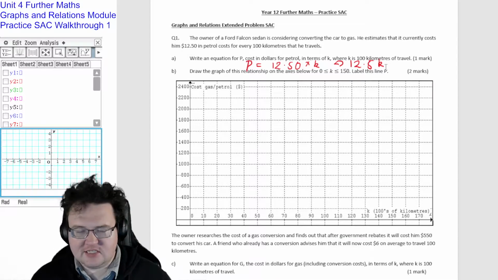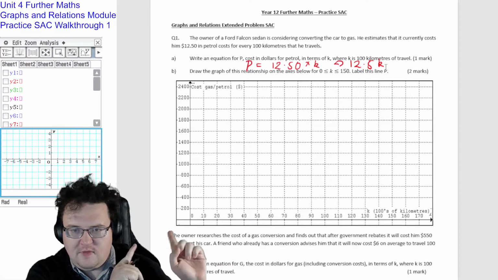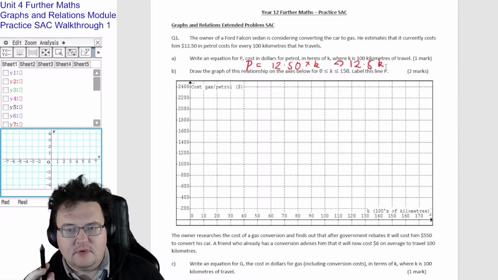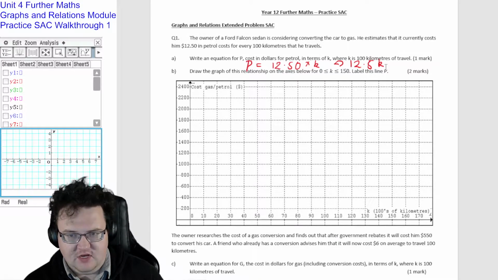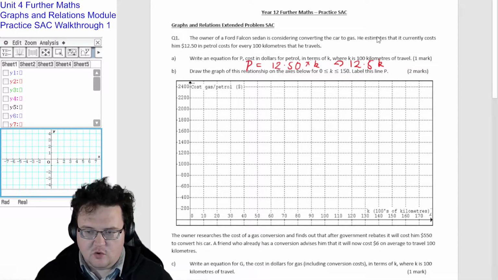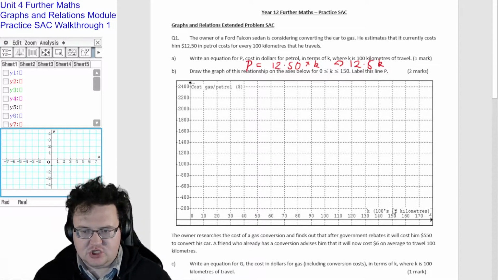So the next task is to draw that relationship on the axis, but only for the values between 0 and 150. We don't want to go beyond that. Even though our axis goes all the way to 170, it's specifically asking us to stop at 150.